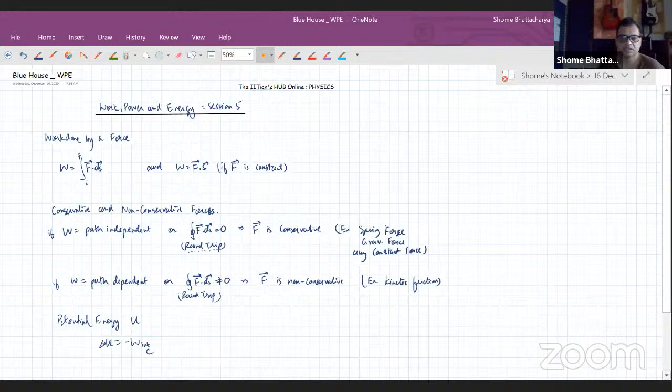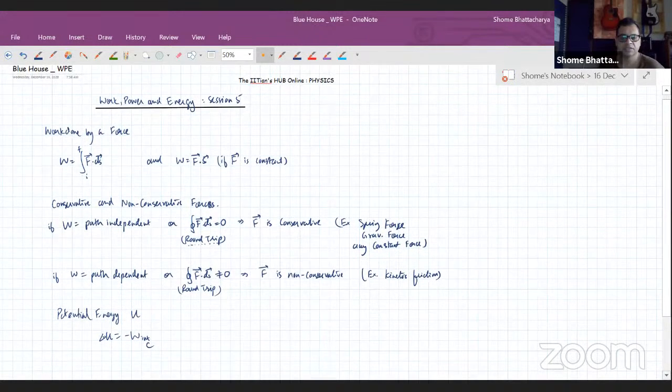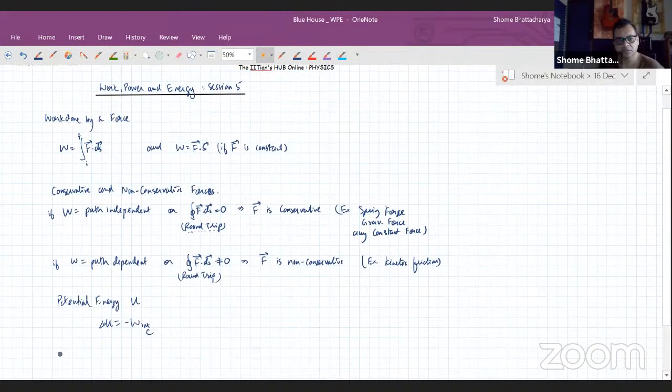Having defined the potential energy like that, next we define the work energy theorem, where we say that work done by external forces plus work done by any non-conservative forces equals the change in kinetic energy plus the change in potential energy for a system.